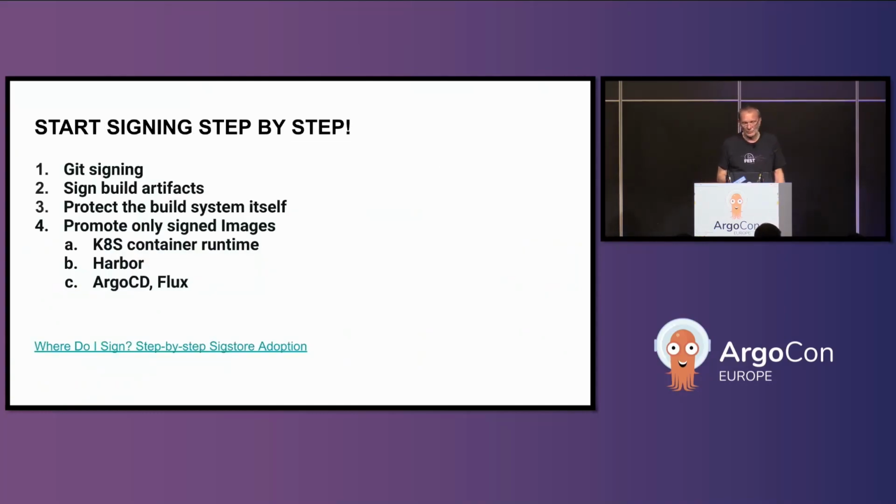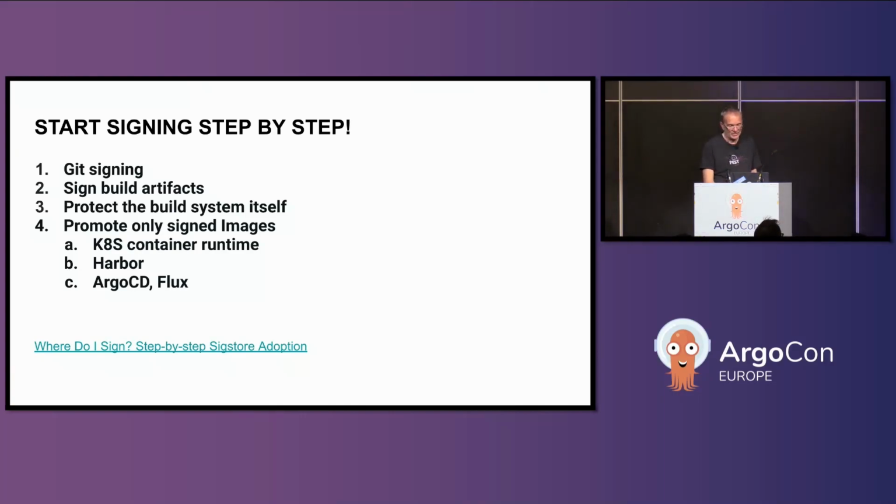So what will we do? We will start with Git signing, then we sign the build artifacts, then protect the system itself, and then in the future we will promote only signed images. So as a Kubernetes container runtime, we use probably CRI-O.